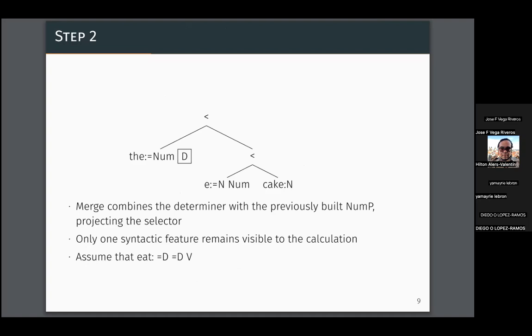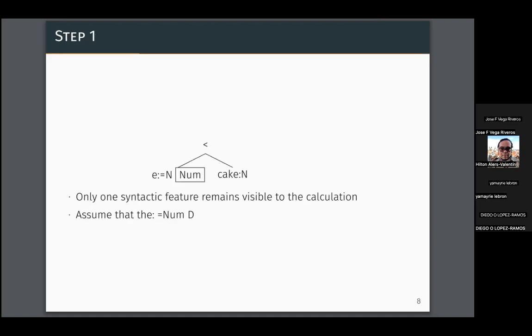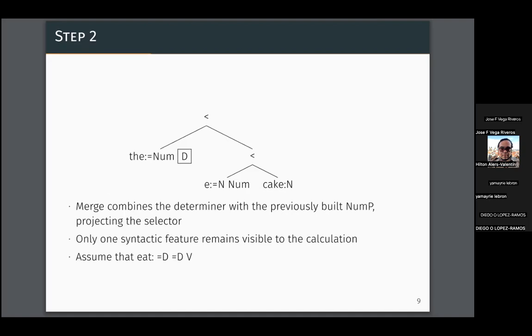Yeah, we have a determiner, the, that is selecting for a node, which is here. This was previously our only visible feature. So think of this as a trigger for this event. This is going to select num, and now num is done. It happens because this merged.